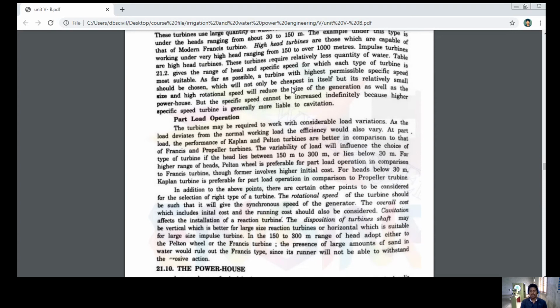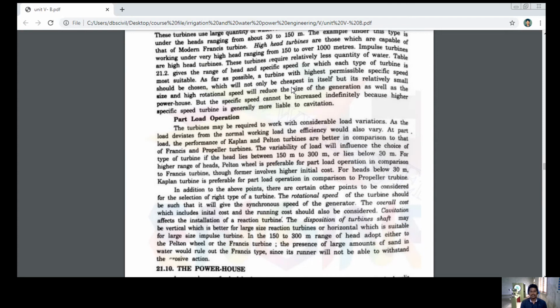In addition to the points we have discussed on part load operation, there are certain other points to be considered for the selection of the right turbine. The rotational speed of the turbine should be such that it will give the synchronous speed of the generator. The overall cost, which includes initial cost and running cost, should be considered.